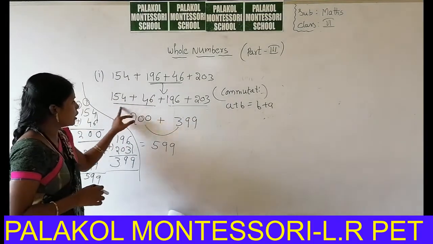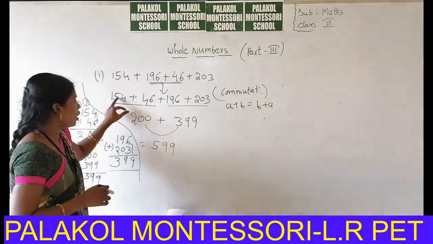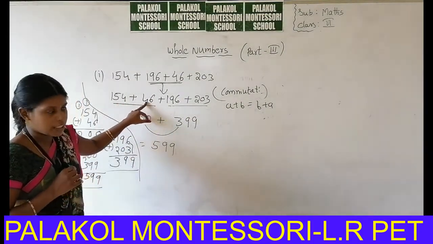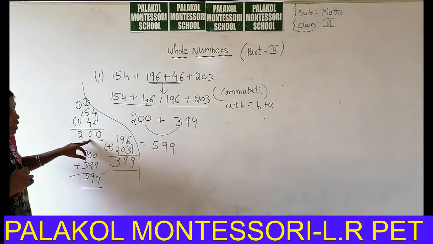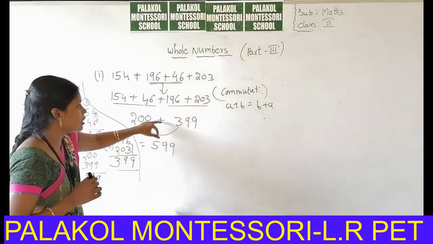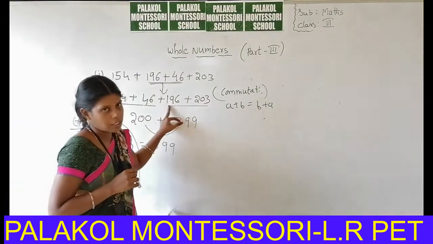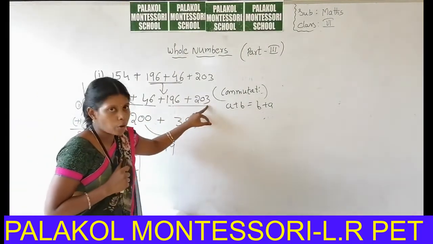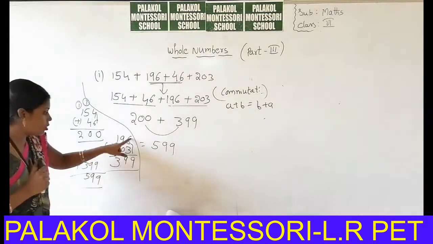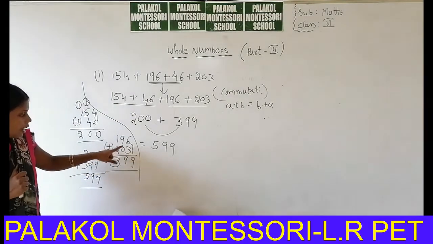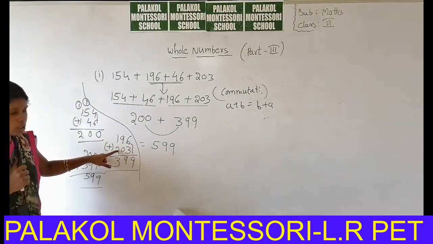First add these two numbers: 154 plus 46. What is the answer? 200. Then add 196 plus 203. 6 plus 3, 9. 9 plus 0, 9. 1 plus 2, 3.